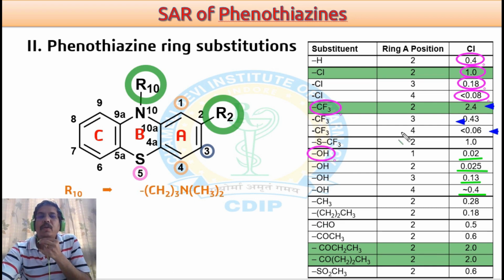So this whole thing suggests that out of this 1, 2, 3, 4 position, the 2 position is favorable for the substitutions with electron withdrawing nature and lipophilic character.